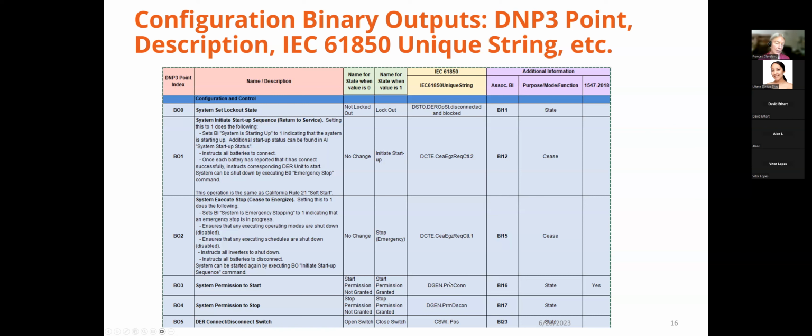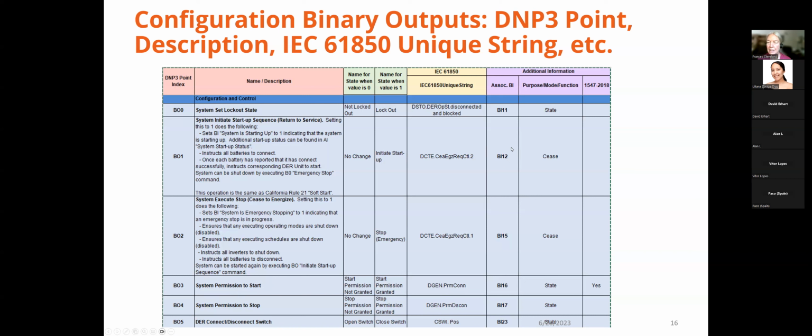And that's what it always is. And everybody who uses MESA or the 1815.2 will have the same meaning of binary output number 3. It will always be system permission to start.